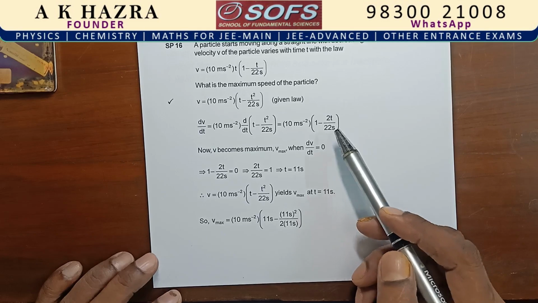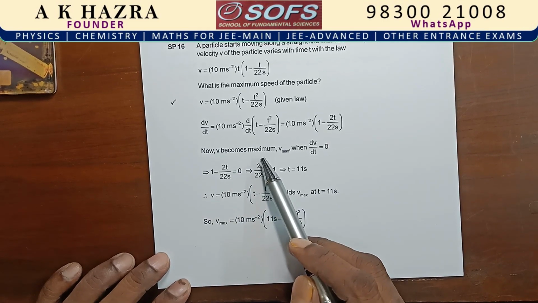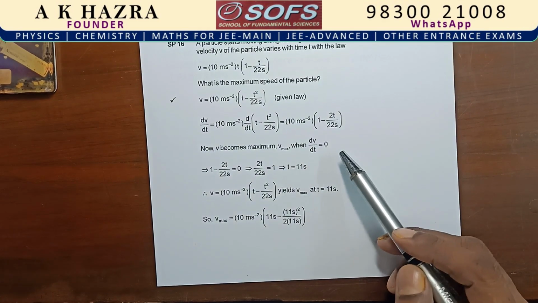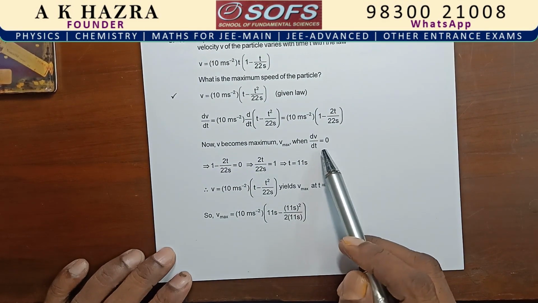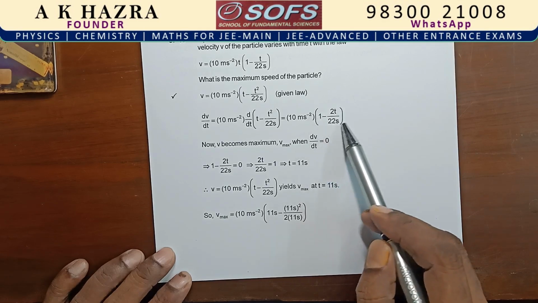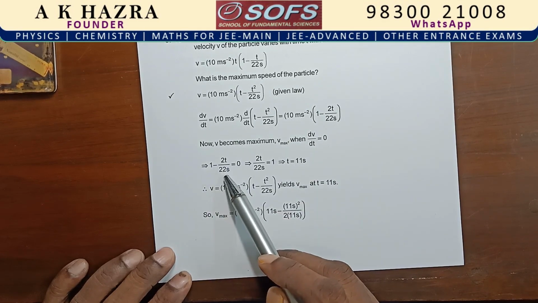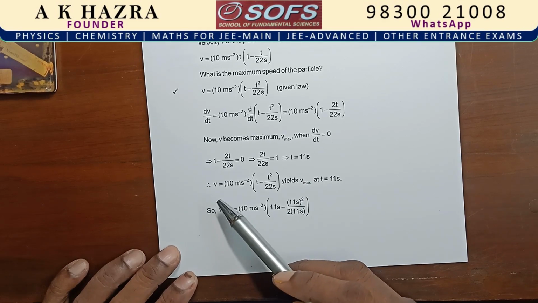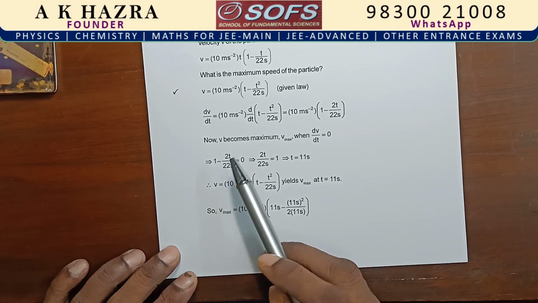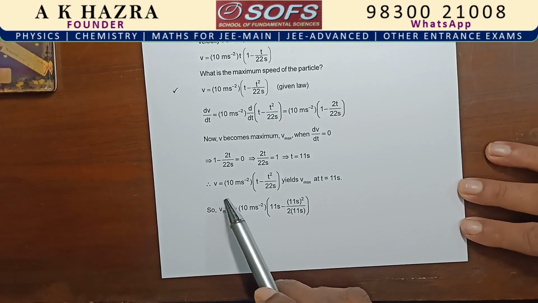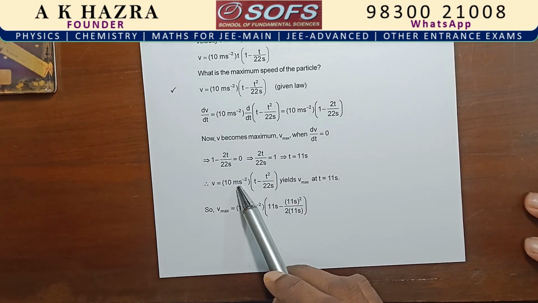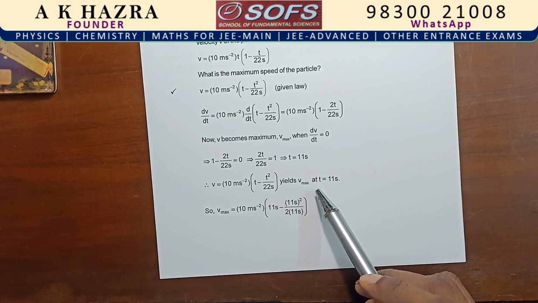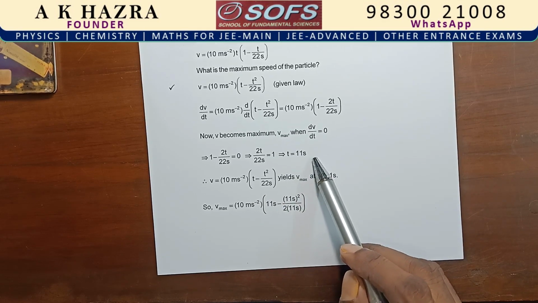dv/dt is 10 m/s² times d/dt of (t - t²/22 s), which equals 10 m/s² times (1 - 2t/22 s). Now v becomes maximum, as already explained, when dv/dt is equal to 0, that is when acceleration becomes 0. So 1 - 2t/22 s equals 0, so t is equal to 11 s. Now we can find the maximum velocity from the expression for v. v equals 10 m/s² times (t - t²/22 s), at t equal to 11 s.